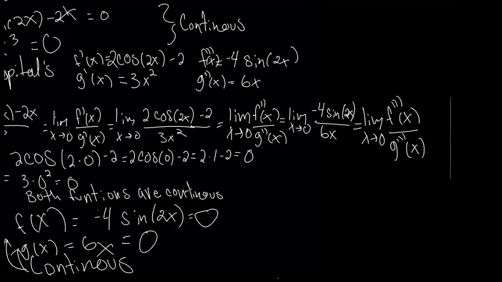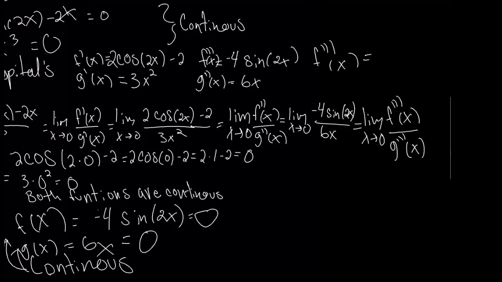So therefore, we can find f triple prime of x. We have to find the derivative of f double prime of x, and we'll find that by applying the chain rule.